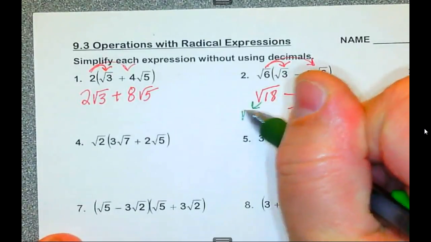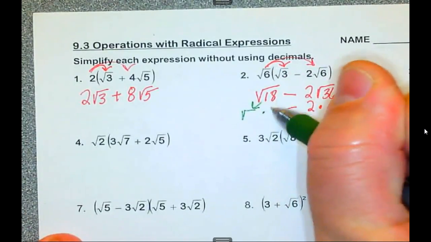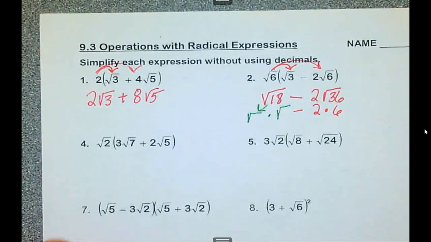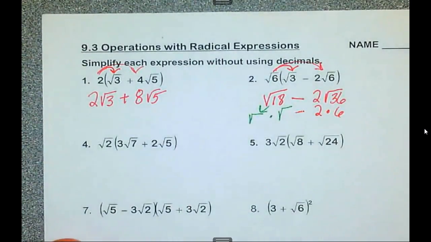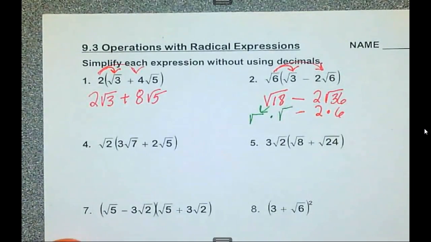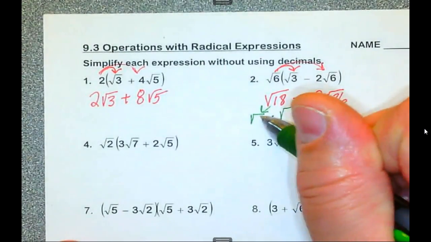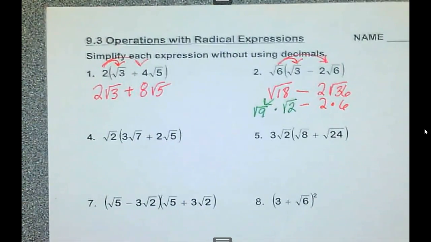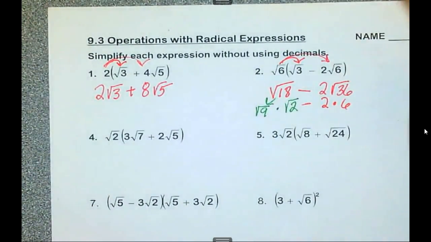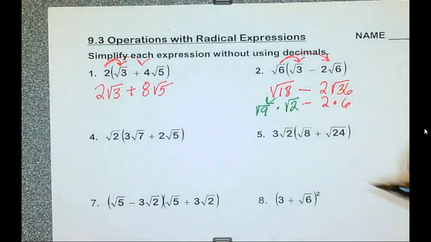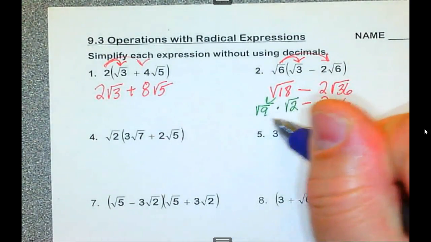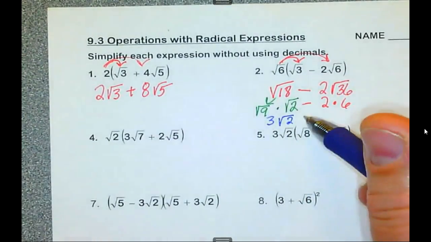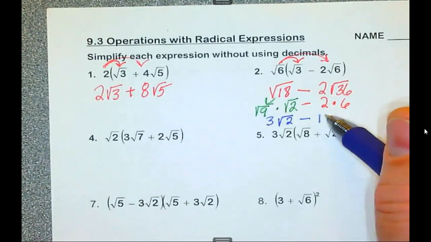The square root of a perfect square times the square root of an imperfect square. And the largest perfect square that's a factor of 18 is 9 times 2. Okay, so here I get 3, because the square root of 9 is 3, times the square root of 2, minus 12.